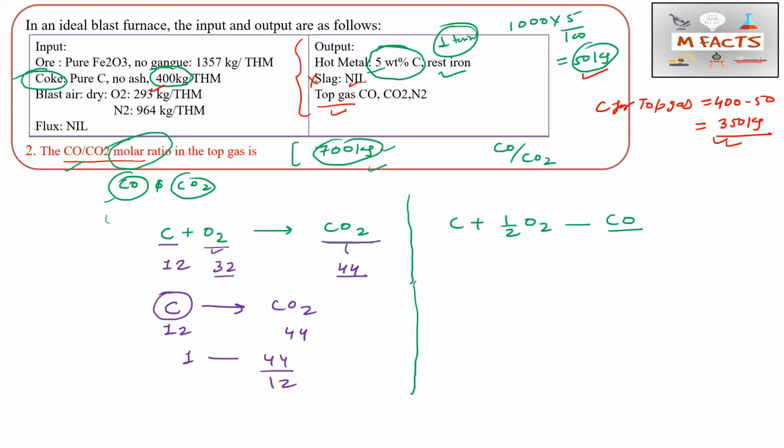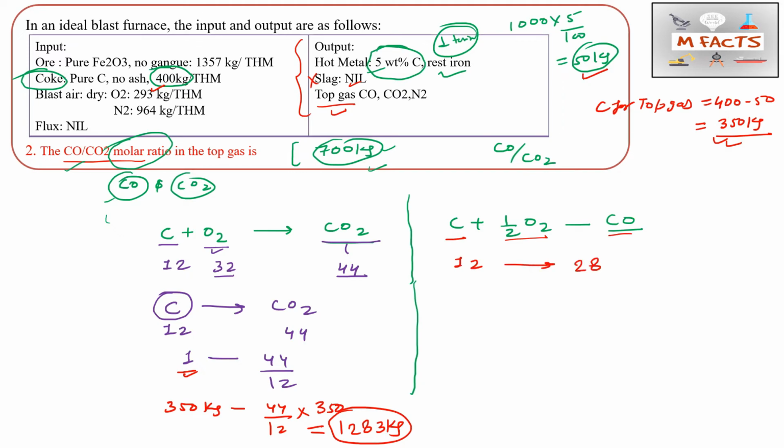One carbon will produce 44 by 12 CO2. But we are having 350 kg of carbon, so this will produce 44 by 12 multiplied by 350, and this will produce 1283 kg of CO2. Similarly, in the case of carbon monoxide, 12 will produce CO, meaning 28.